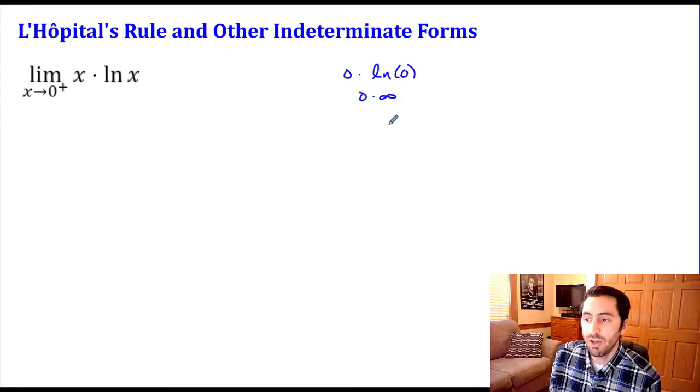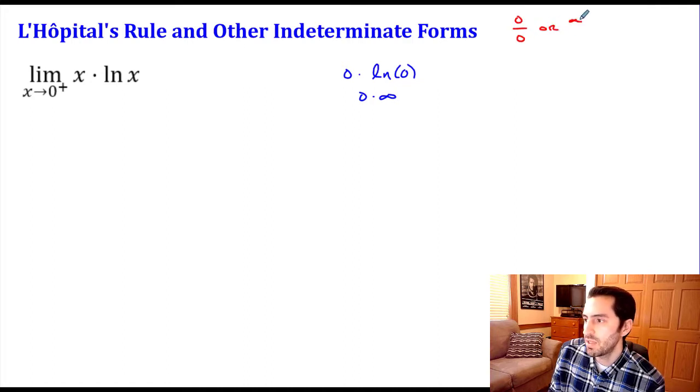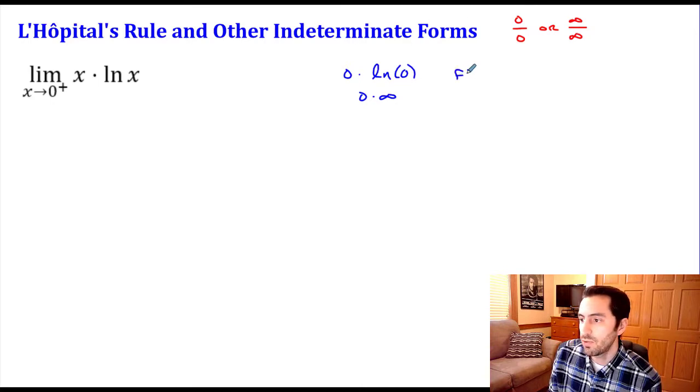So this is another indeterminate form, but this is not one that we can use with L'Hopital's rule. Remember, we want it to either be 0 over 0, or we want it to be infinity over infinity. So what we're going to want to do, right now we have two functions that are being multiplied together.